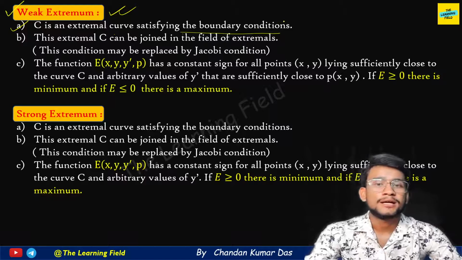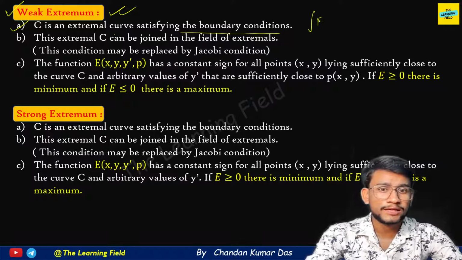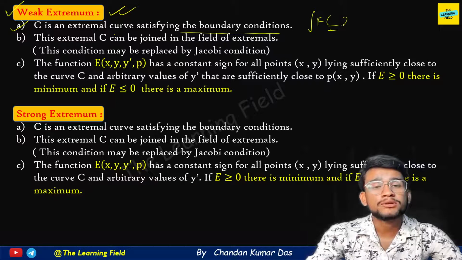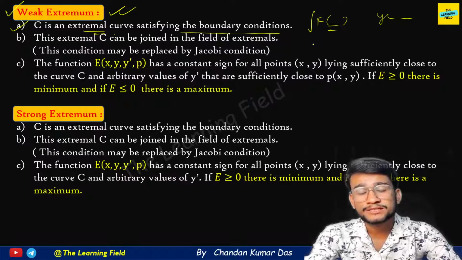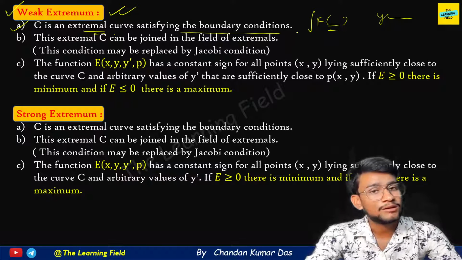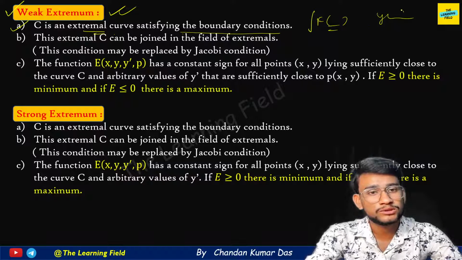That means if f is given, first we have to calculate the extremal, and the boundary conditions are also given. So the extremal must satisfy the boundary conditions, obviously, because when we calculate the extremal we use these boundary conditions.